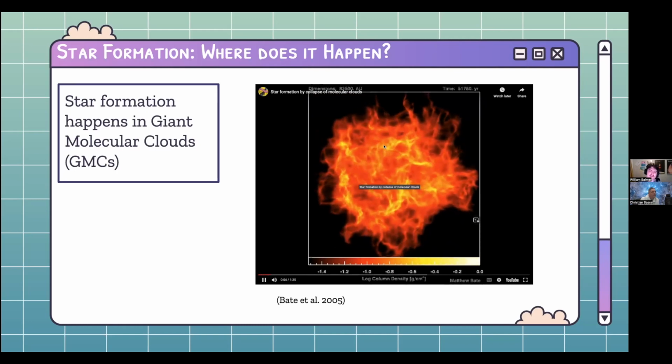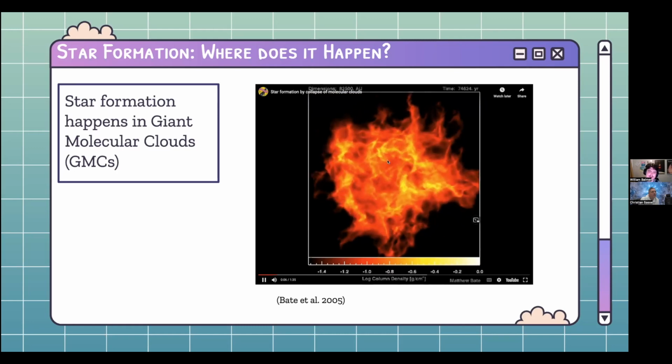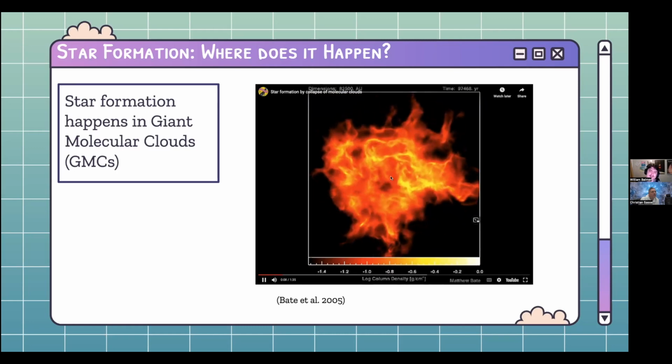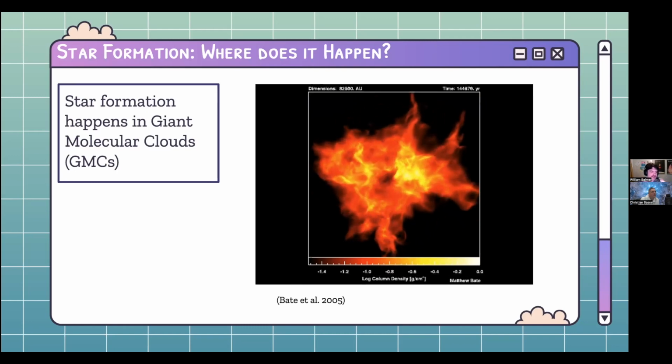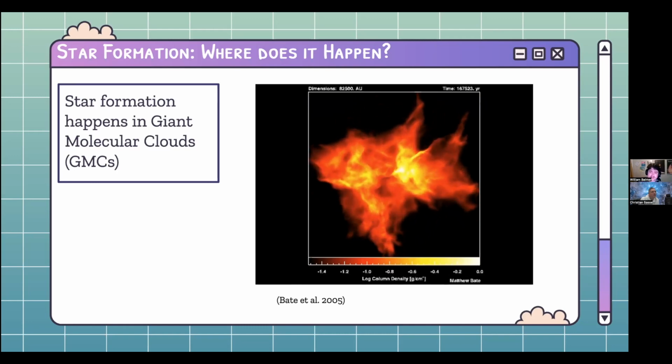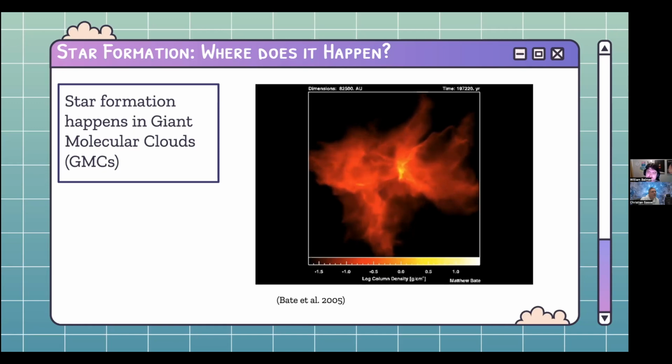It condenses down into these filaments and these nodes. And as time progresses, the cloud is contracting. It's growing in density, and therefore putting more star-forming material closer to itself.